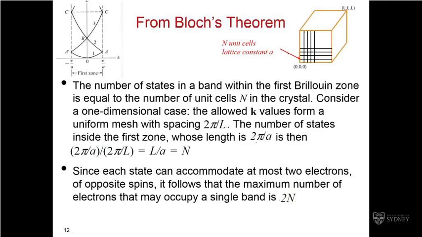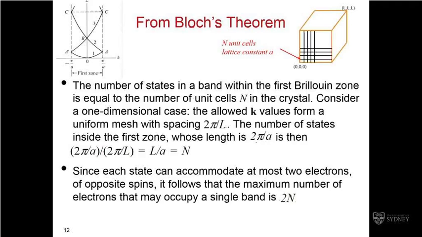So let's pause there and digest that. We have N unit cells in your crystal. The number of electronic states that can be in the band in the Brillouin zone, the first band, is equal to N. This is important to understand. Now we also know that each electronic state can hold 2 electrons due to spin up and spin down.